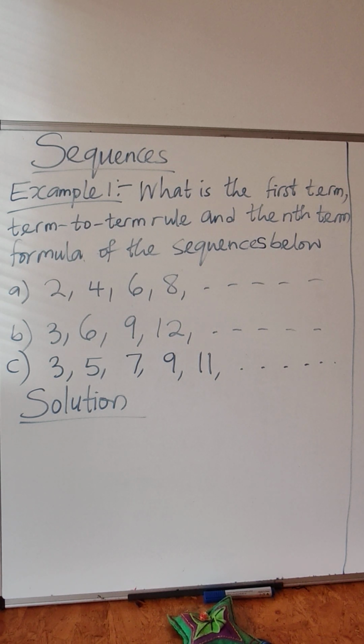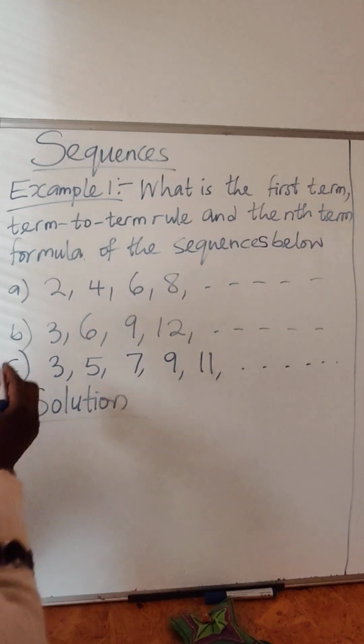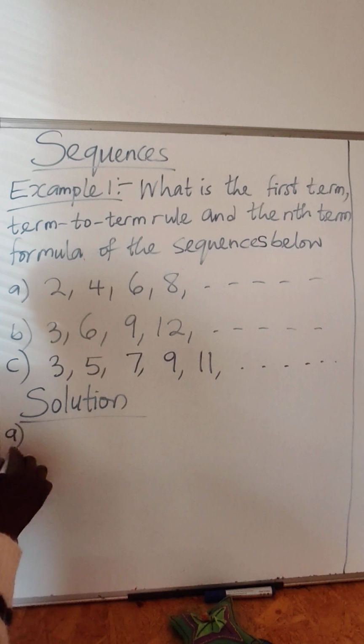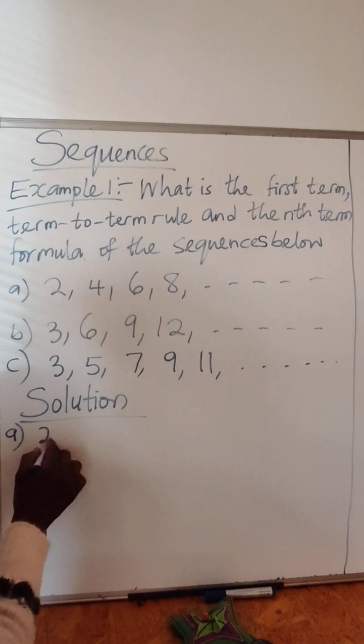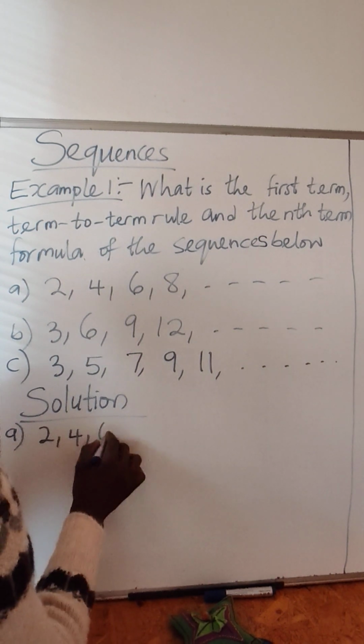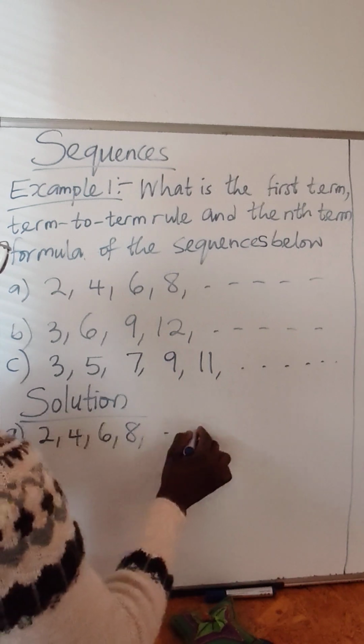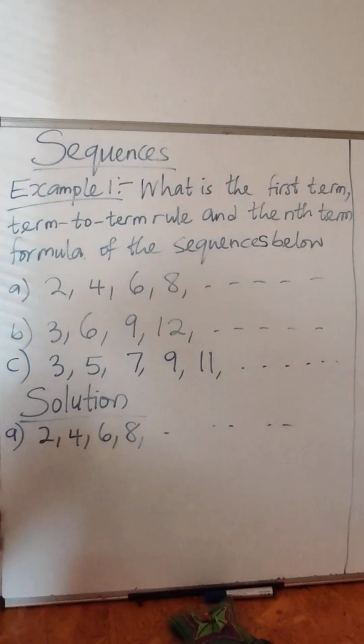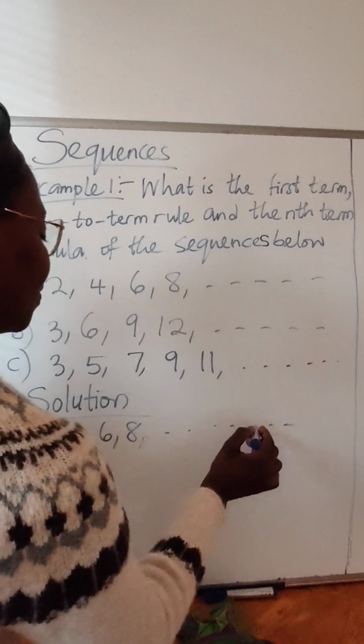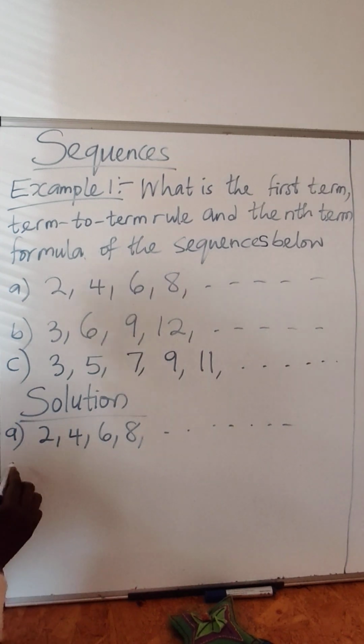That's for the first term and the rule. For the first sequence, which is 2, 4, 6, 8, the sequence continues forever.